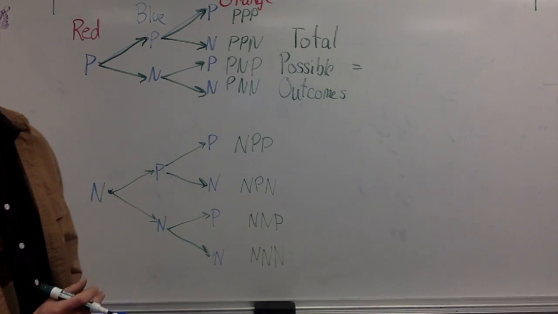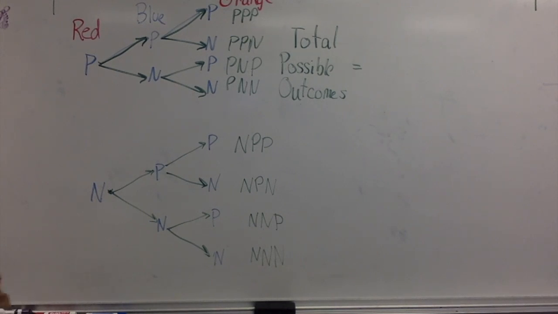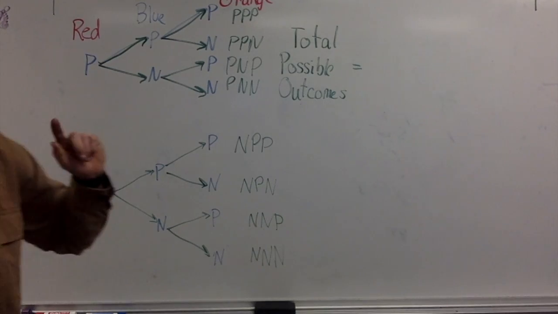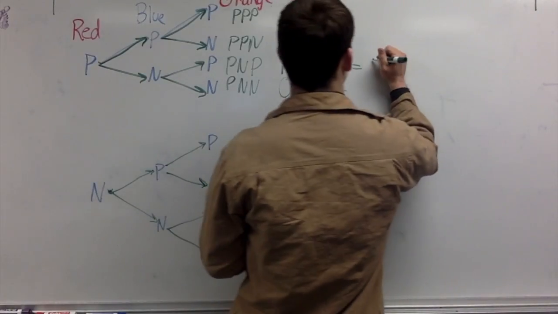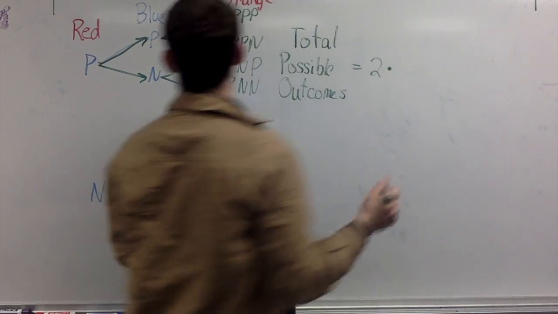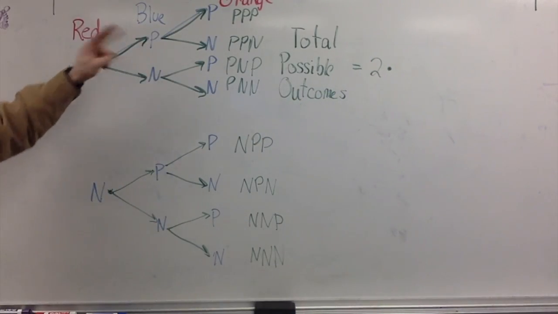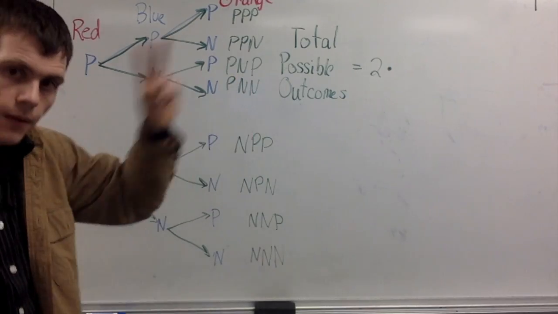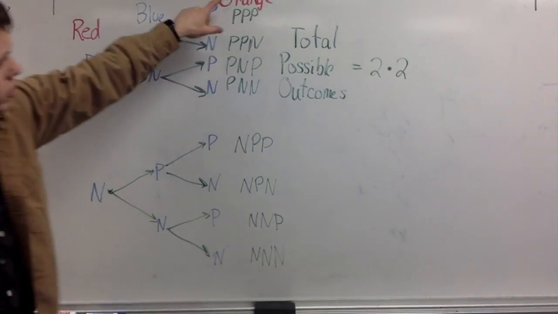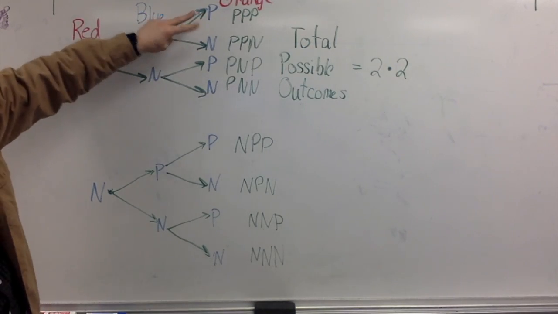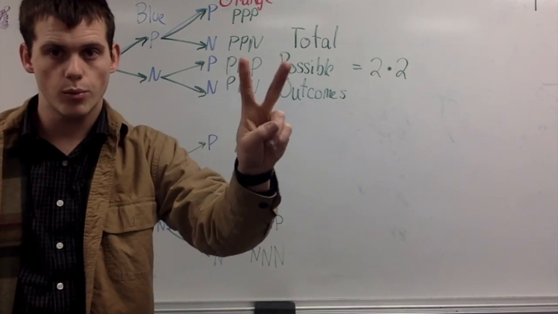So how many total possible outcomes are there? Well, that's easy. The red door had prize or no prize. So there's 2. Times blue door had prize or no prize. That's just 2. Orange door had prize or no prize.